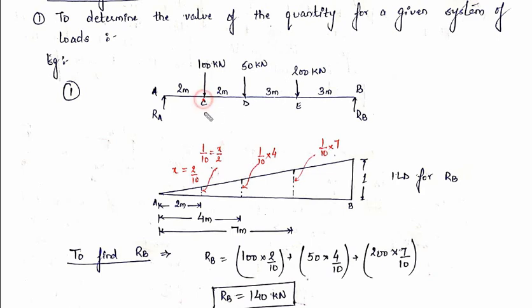So find the value of the ordinate under 100 kilonewton, under 50 kilonewton, and under 200 kilonewtons. Now we have to find out these ordinates, these heights. Let me explain how to find this ordinate.